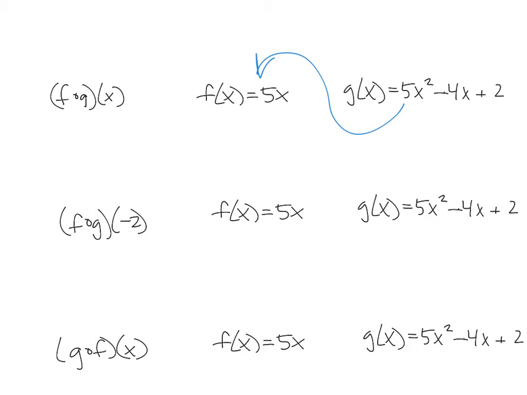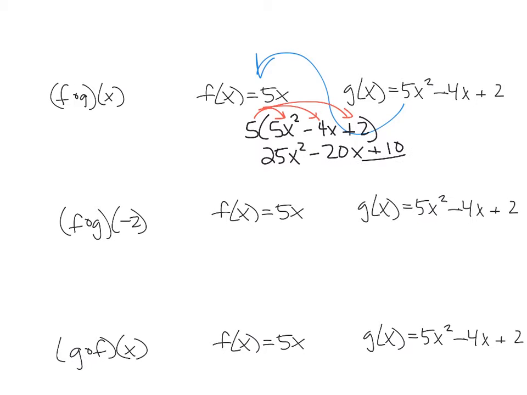So we take this and insert it into the x, and we end up with 5 times (5x squared minus 4x plus 2). We have to use the distributive property here, and we end up with 25x squared minus 20x plus 10. And that is our answer right there.